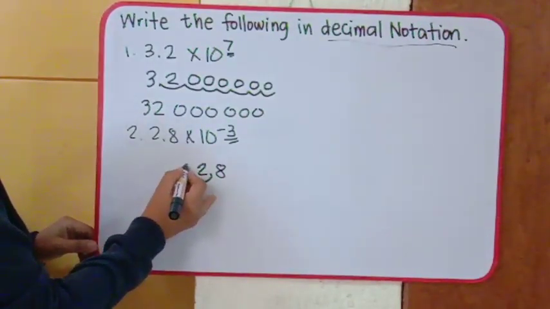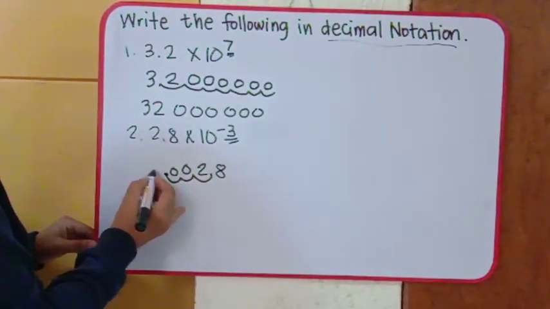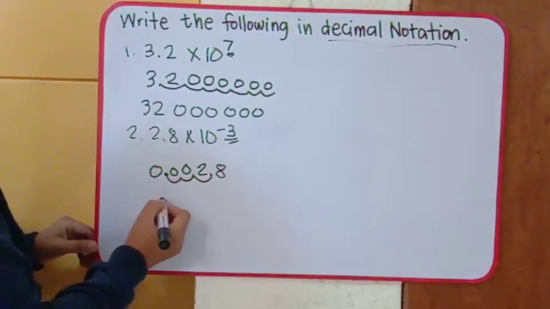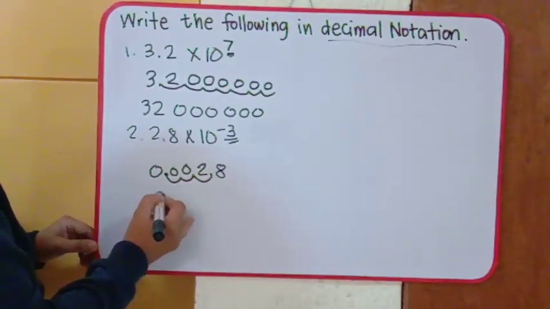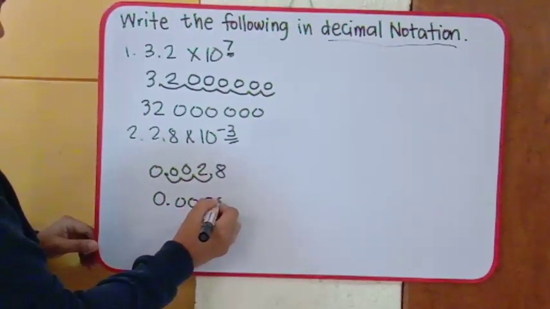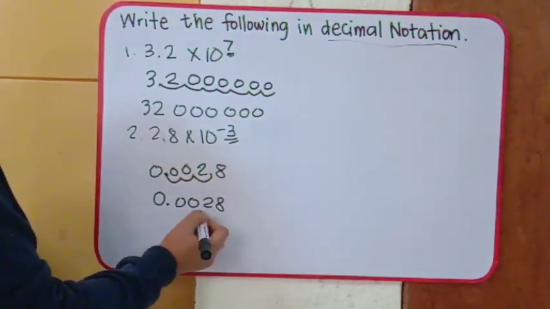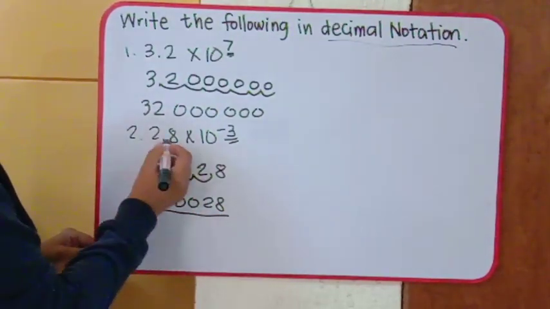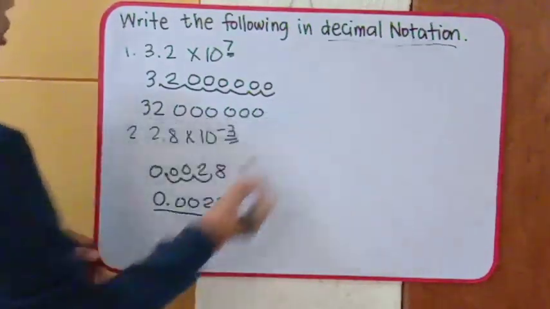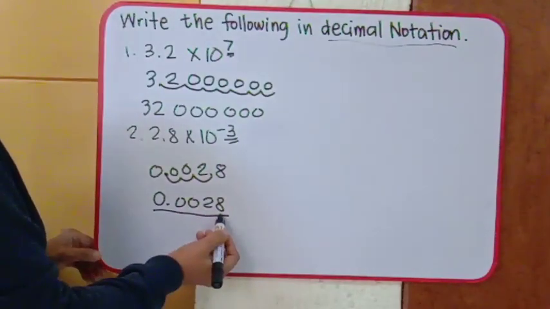So again, we will add zeros. But since this is the new location of the decimal point, we just write 0 in front of the last 0 digit. So we now have the answer 0.0028. So we have here the answer 28 10,000ths. So 2.8 times 10 raised to negative 3 in decimal notation is 28 10,000ths.